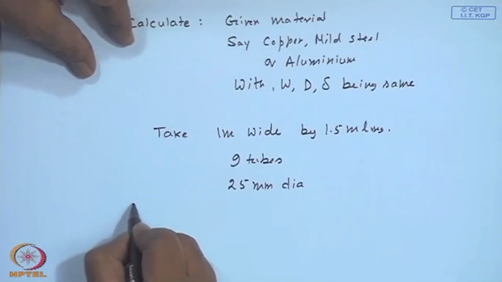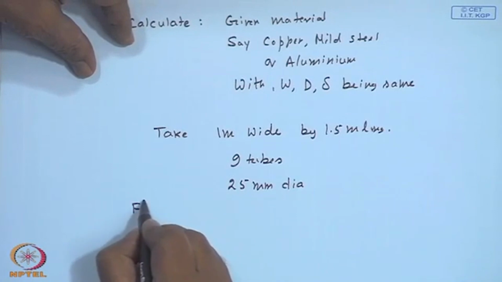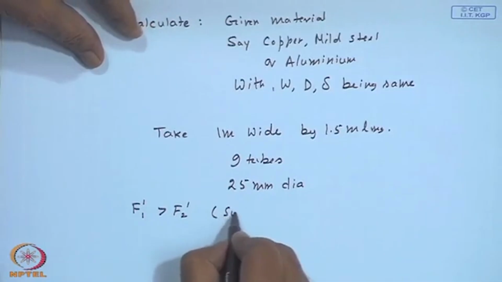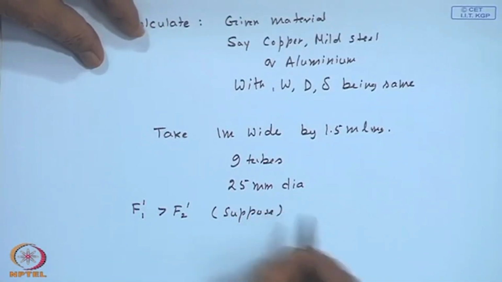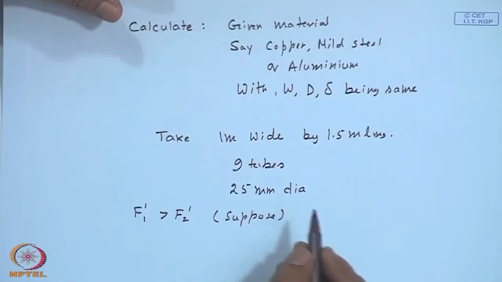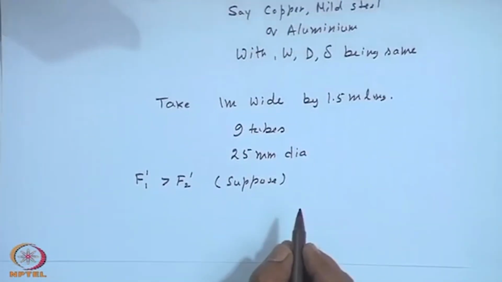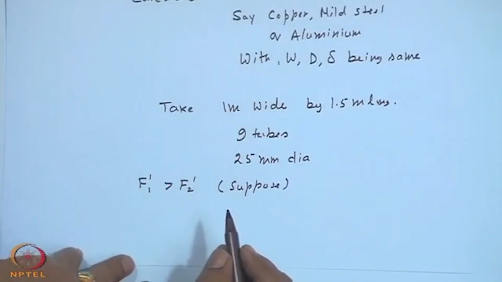The question comes, I really have no answer because I have not done it exactly this way. If you find, for example, that F dash of configuration 1 is more than F dash of configuration 2, suppose. So your UL is same, K is same, delta is same, everything is same. Why is this so? Now, in this analysis we find which geometry is better.